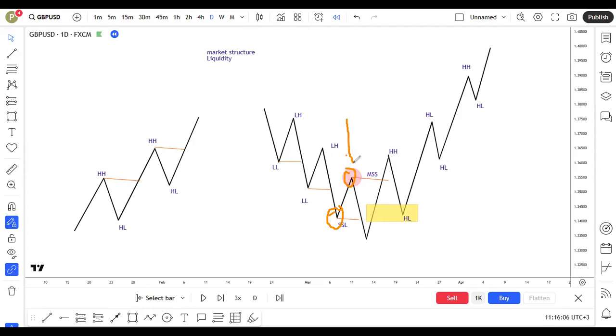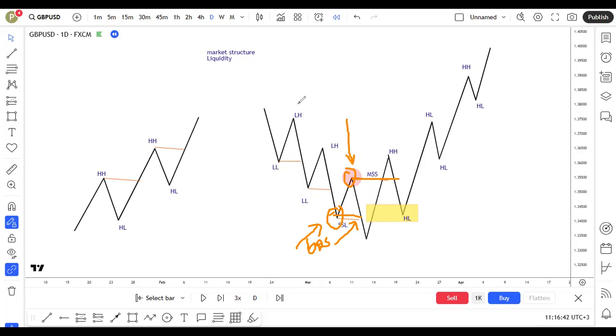We expected price to respect this lower high if this was going to be our true breakout structure. But price didn't respect it, which means this was not a true breakout structure, but just a liquidity sweep, and price reversed. So we didn't have a true breakout structure down here, but we had sell side liquidity, which is an indication that the market is expecting to change direction.